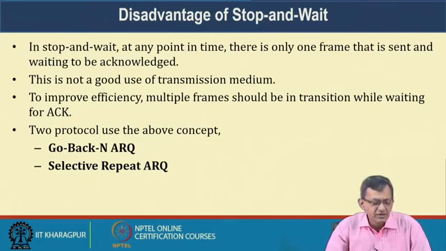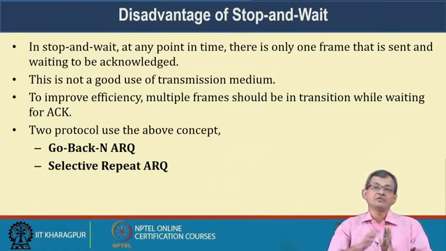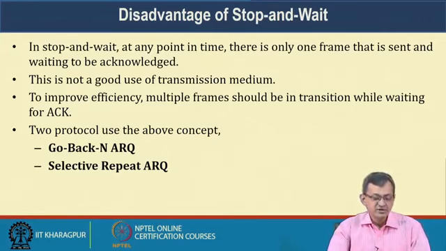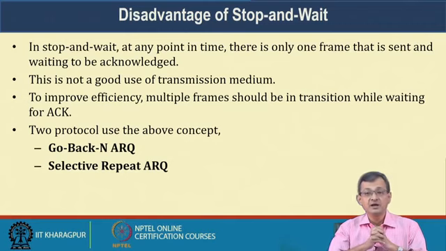Disadvantage of stop and wait: at any point of time there is only one frame sent, and it waits for the acknowledgement, still the timeout and so on. This is not a good way of utilizing the transmission media. Keeping the media underutilized or not utilized for a longer time is not acceptable.